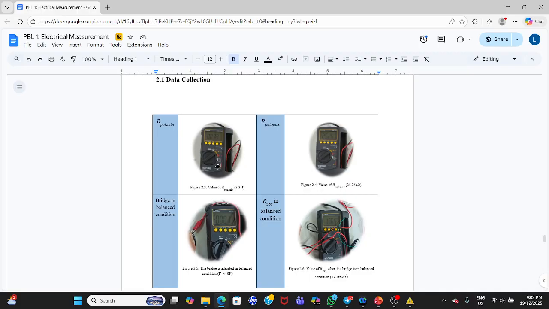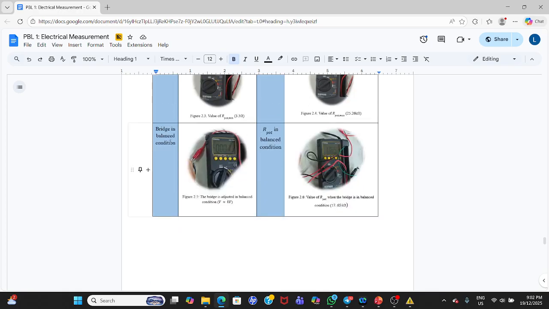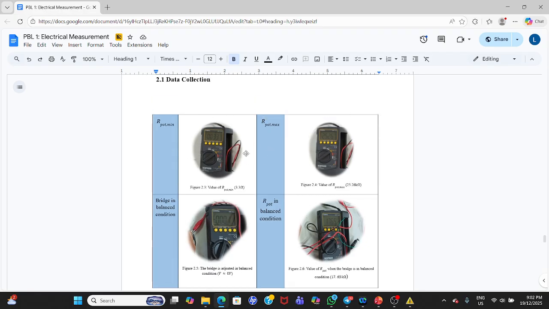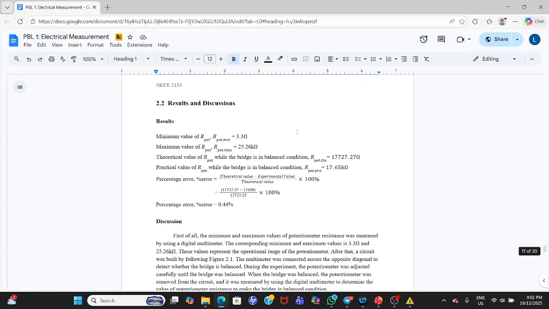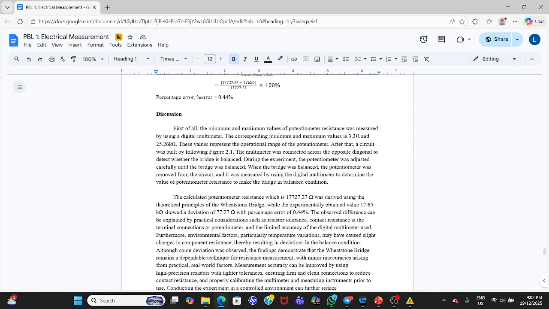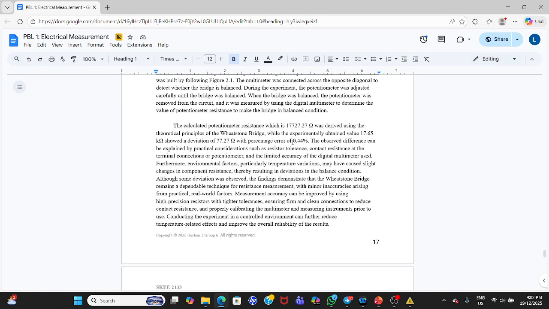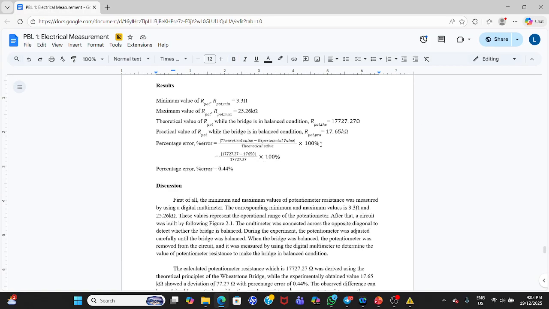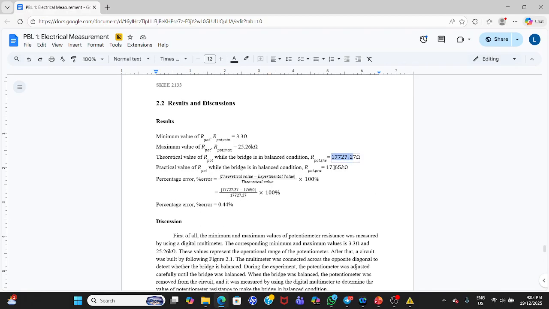We measure the resistance of the minimum and maximum of the potentiometer, and then in balance condition, and also for the bridge and the potentiometer, we use the digital method, and we calculate using the theoretical value, and we found that the Wheatstone bridge is accurate also, because there is only 0.44% percentage error compared to the theoretical result.